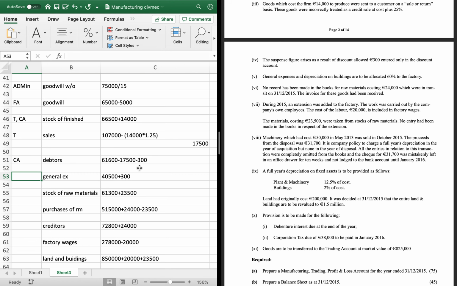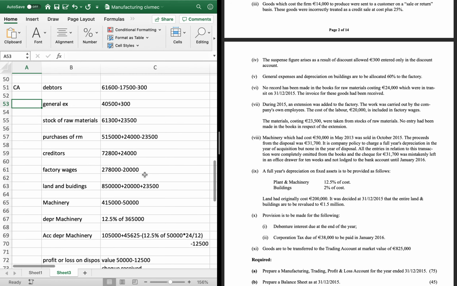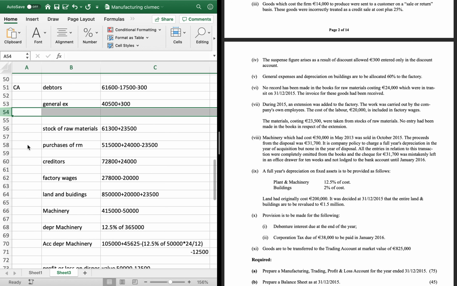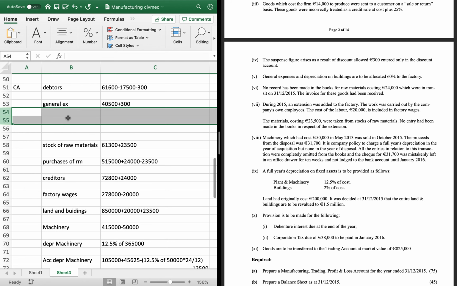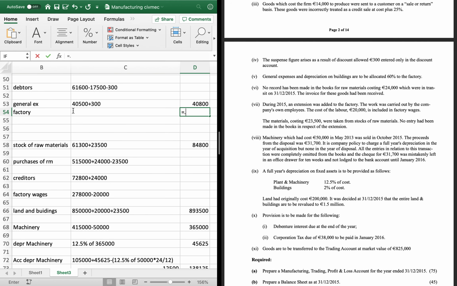Now your general expenses, which is 40,800, I had to split that up. Okay, so I'm going to split it up now. I had completely forgotten to go back to that, but it's again one of those ones I remember reading. So our factory is 60% of it. So 60% of 40,800 is 24,480.